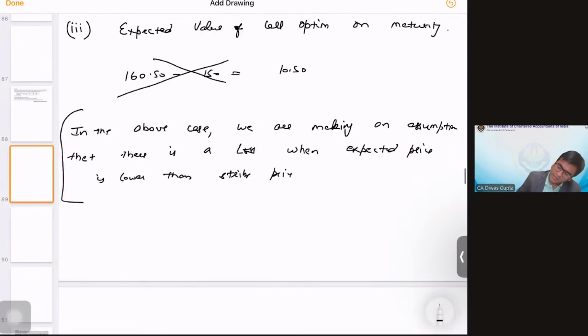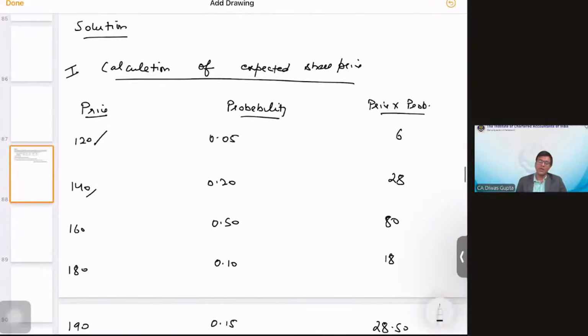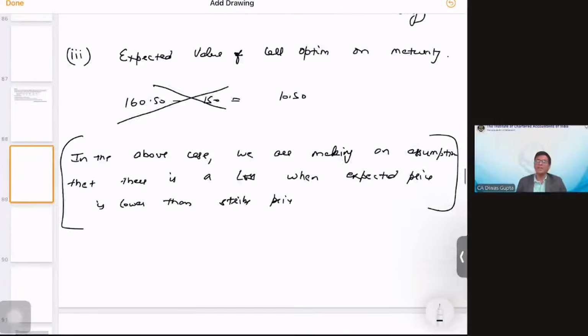Please note this in very bold letters that if you just simply do this, then you are making this assumption that if the price is 120 or 140, you're assuming that there is an equivalent loss being made on those amounts. So then what is the correct solution, students?